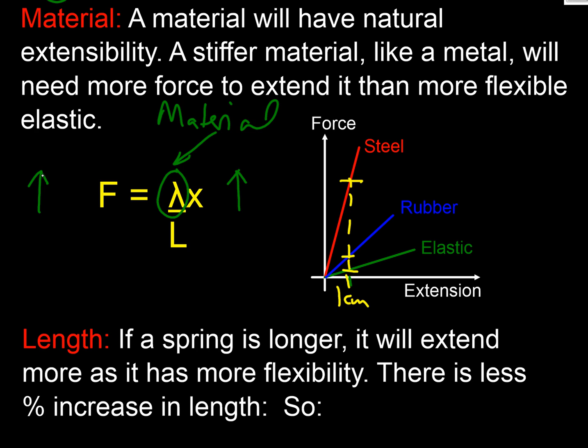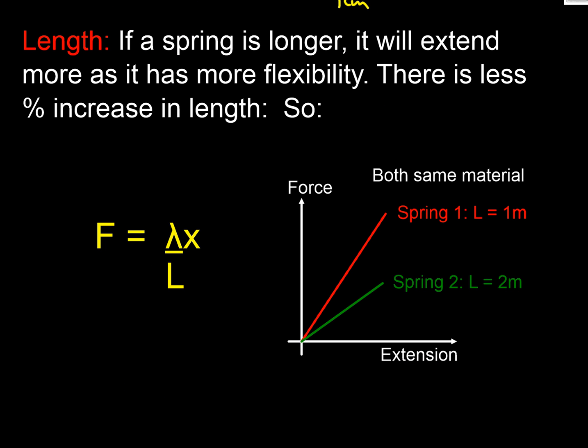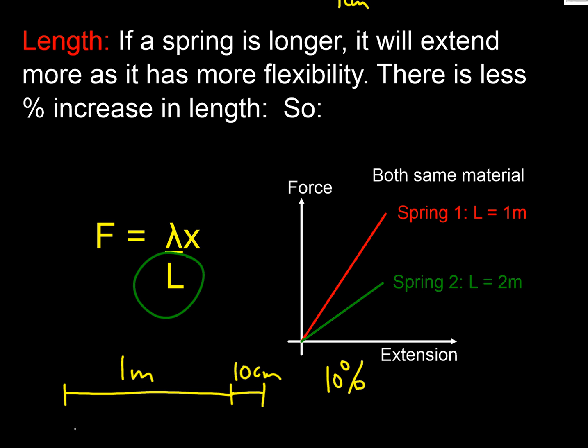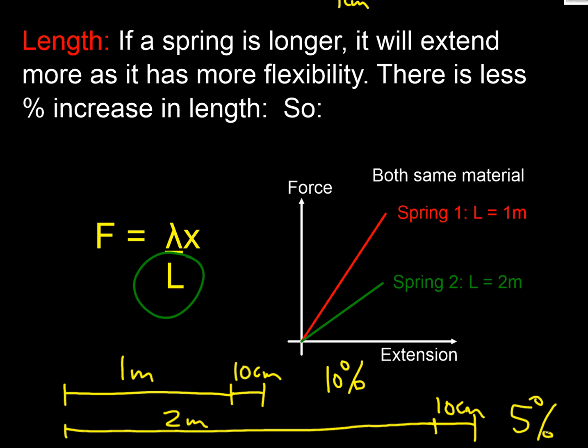Second part is length, and the natural length is on the bottom here. So let's have a think about why that is. If I take a 1 metre piece of elastic and I extend it by 10 centimetres, that's an extension of 10%. Whereas if I had a 2 metre spring and I extend it by 10 centimetres, I'm only having to extend that material by 5%.